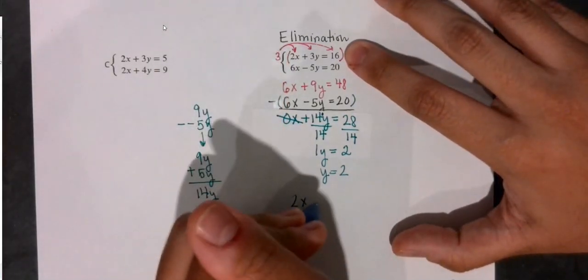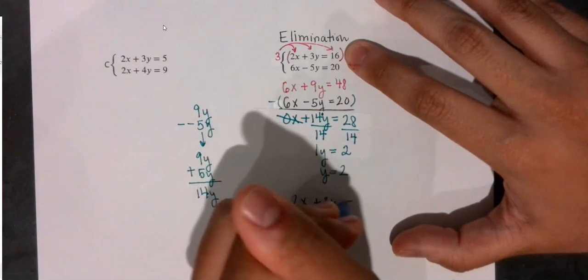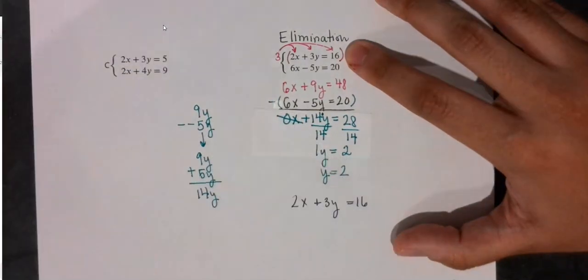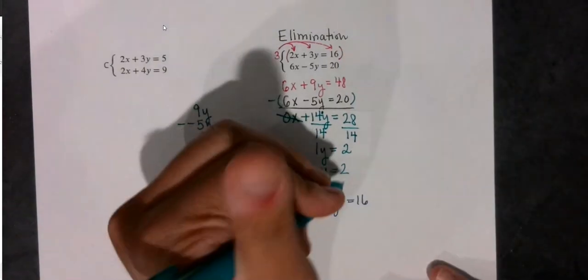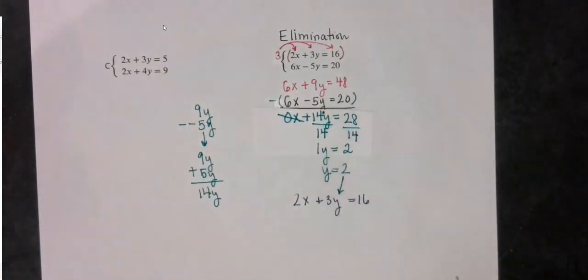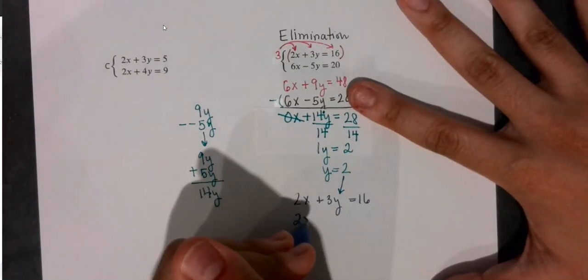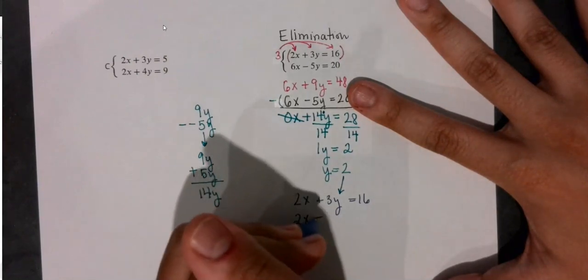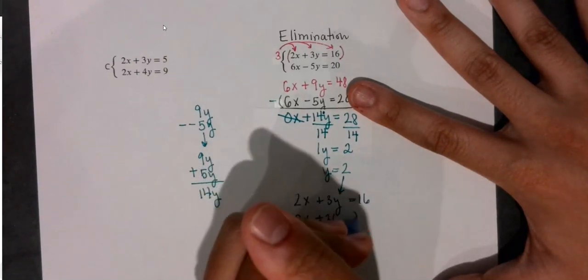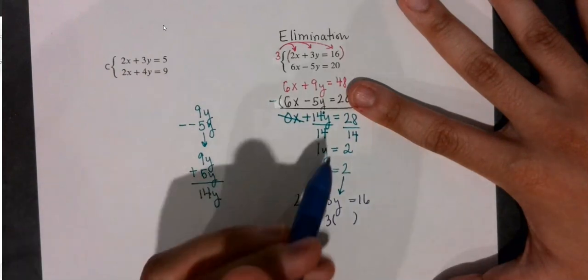So I have 2x plus 3y equals 16. So what I know is that my y equals 2. So instead of writing y, I'm going to write 2. So let me write this equation again. I have 2x. I haven't done anything with the x, so I don't know what it is yet. Plus 3 times y, which I know my y is 2.